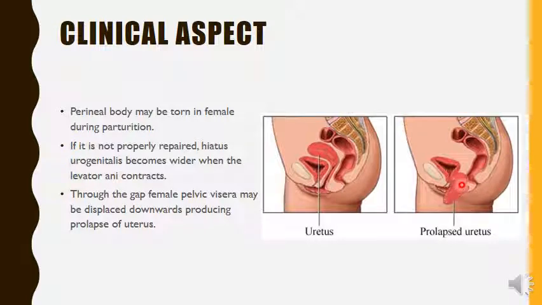The sphincter vaginae effect, which is given by the pubococcygeus, is lost, because the pubococcygeus is related to the perineal body. So when the perineal body is torn and that support is lost, the sphincteric action is also lost, and that results in prolapse of the uterus.